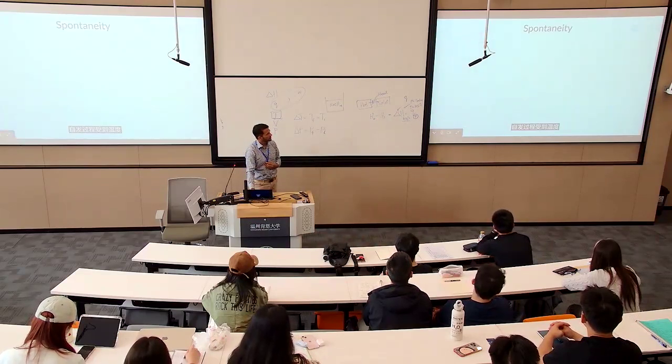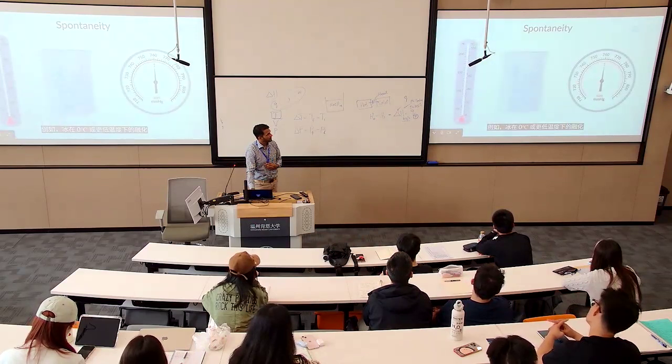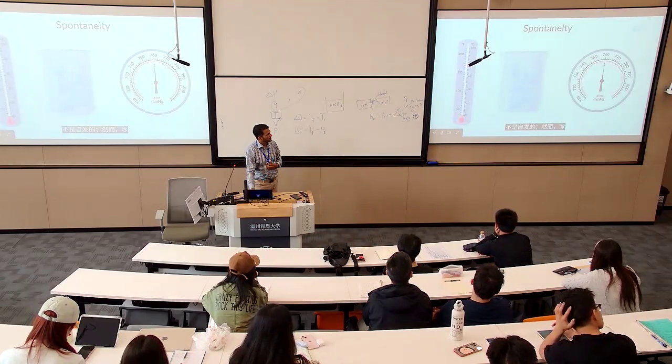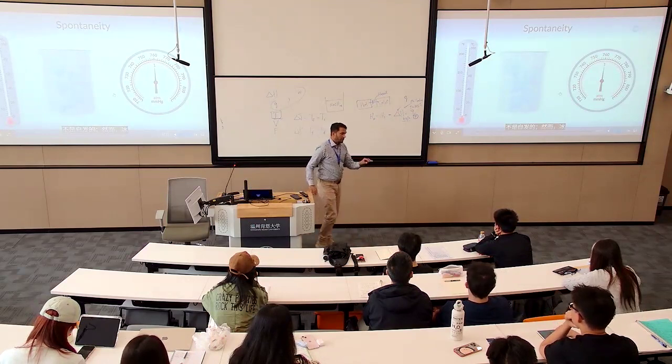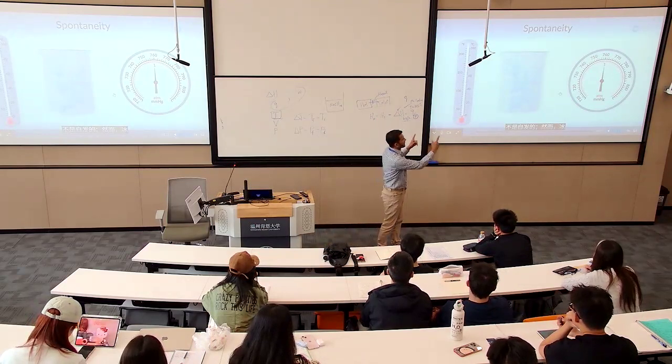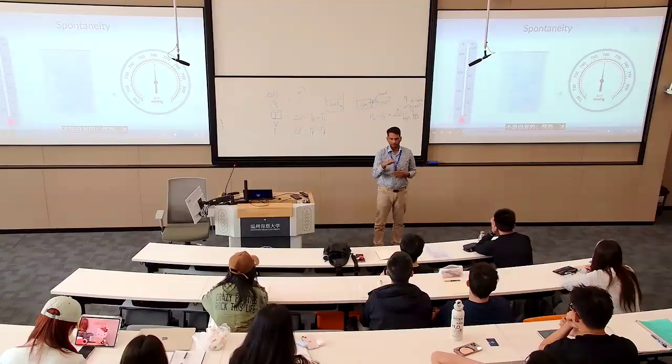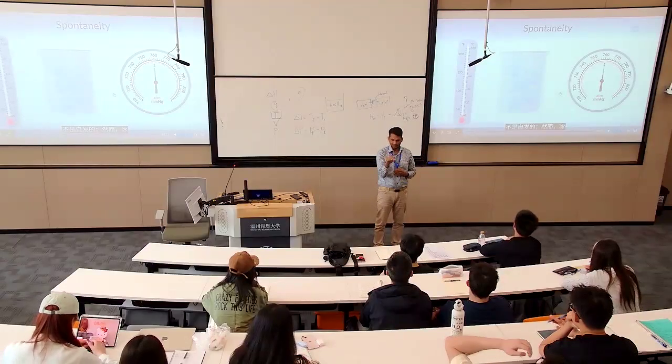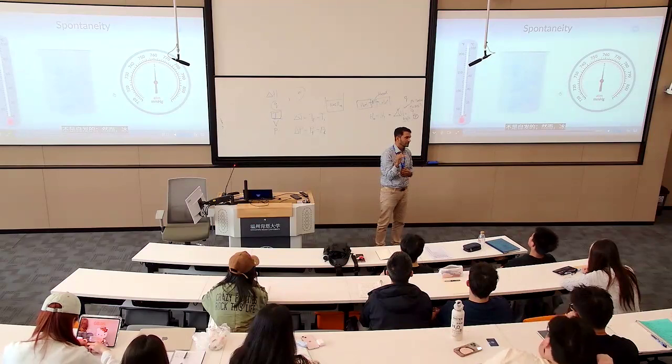Spontaneity is affected by conditions such as temperature and pressure. For example, the melting of ice at a temperature of 0 degrees Celsius or below is not spontaneous. Students, the same reaction may be spontaneous and not spontaneous. Who decides, temperature and pressure? Okay, if I put the ice here, does it melt?